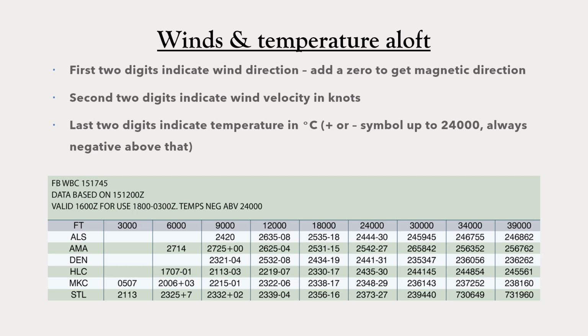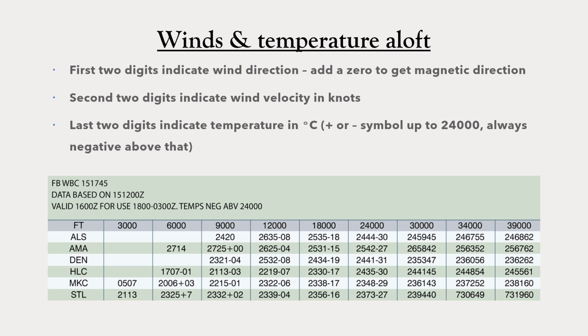Up until 24,000 feet, the temperature will have a plus or a minus in front of it to indicate whether it's a positive or negative temperature. Above 24,000 feet, the temperature is always going to be a negative number. It's always below freezing that high. Some entries may omit some of the information, the lower entries in particular, like this 4-digit thing here.